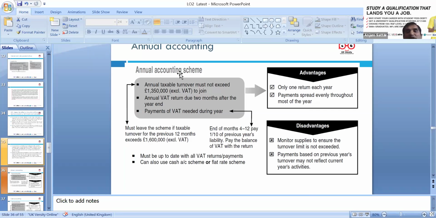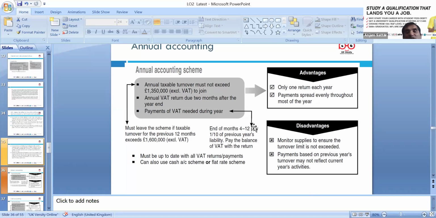If you adopt the annual accounting scheme, your annual turnover must not exceed 150,000 excluding VAT, and you can stay on that scheme. You must leave the scheme if the taxable turnover excluding VAT exceeds 1.6 million. That's what we need to look at.